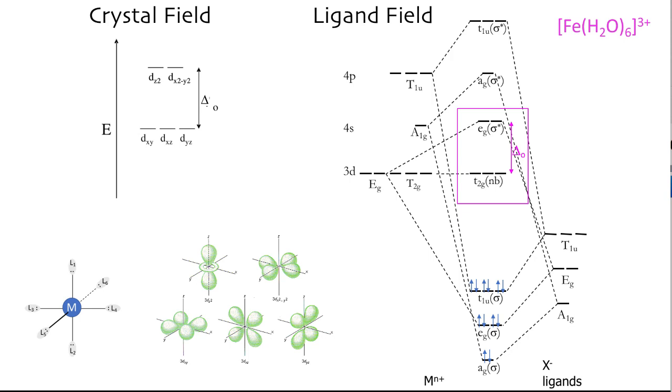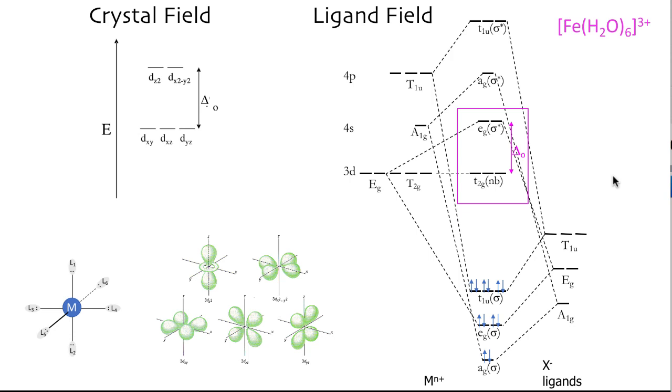We'll talk about that more, but let's assume that this is a weak field case. In other words, the splitting is small, and that is likely given that water, as we'll find, is a weak field ligand. So this splitting is small, which means that the energy to pair electrons here in the t2g is greater than the energy to have the electron go up into the eg.